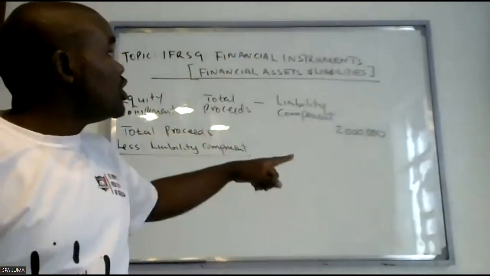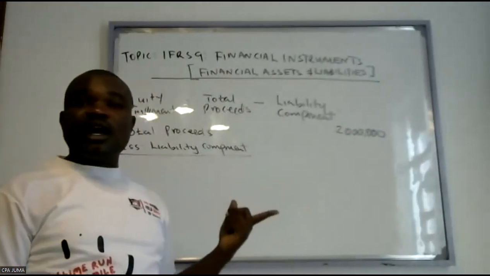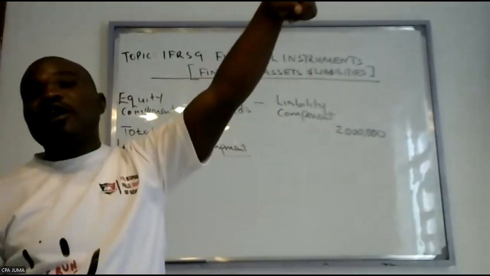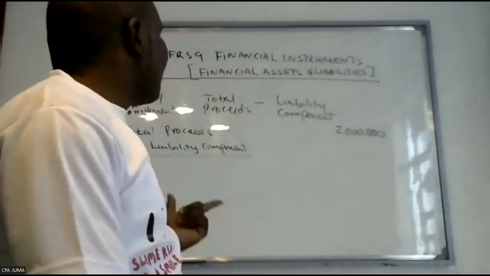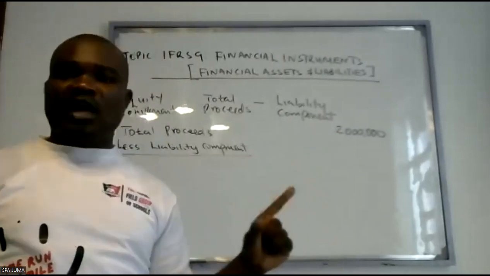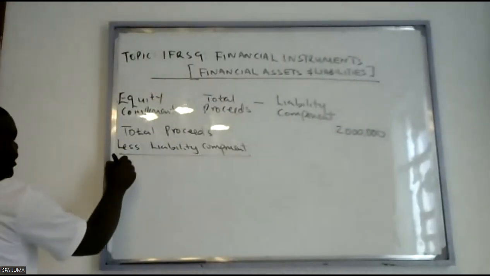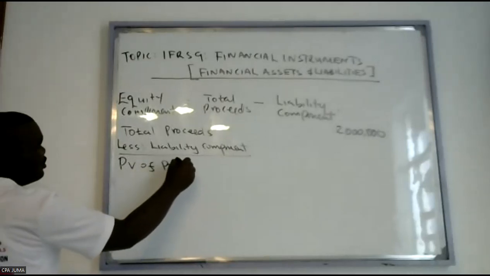So the principal watarudisha 2 million. But now check, this 2 million will be returned when? It will be returned after 5 years. So you as finance people, you cannot just come here and say the principal refundable is 2 million. You must check the present value. So you will say present value of principal.